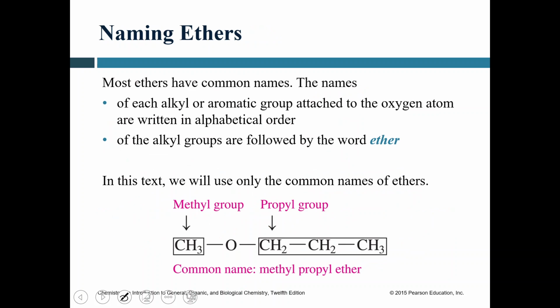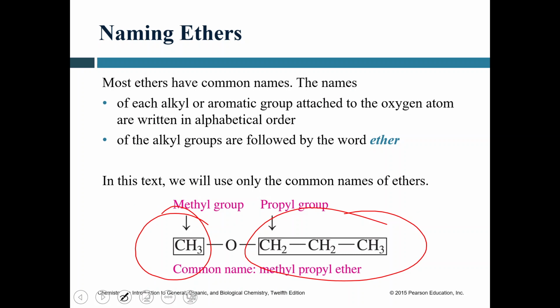So here you have methyl propyl ether. It's a common name. Okay, so we're not going to talk about IUPAC naming of ethers. We're going to use only common names of ethers. Alkyl or aromatic groups are written in alphabetical order. So in this case, it's going to be methyl, propyl, but not the other way around, because methyl comes first alphabetically.